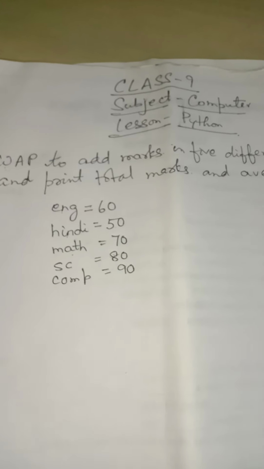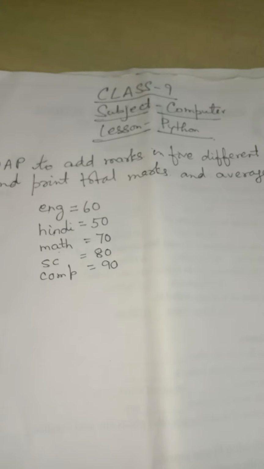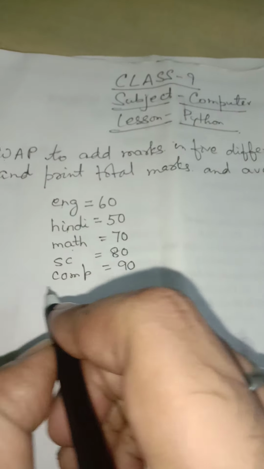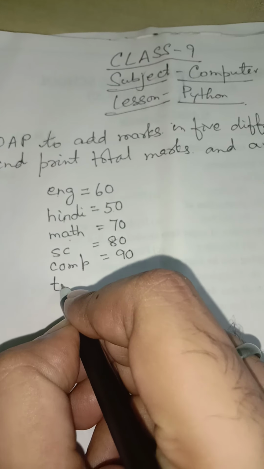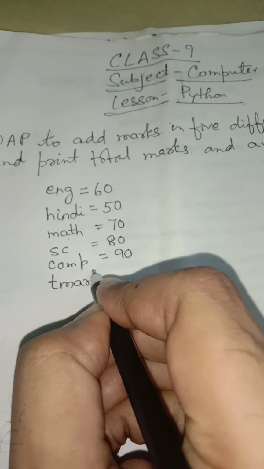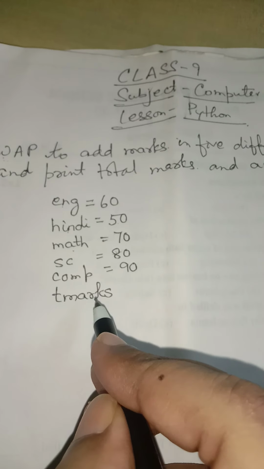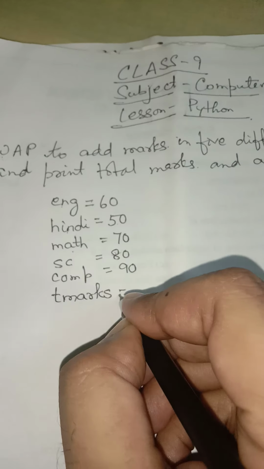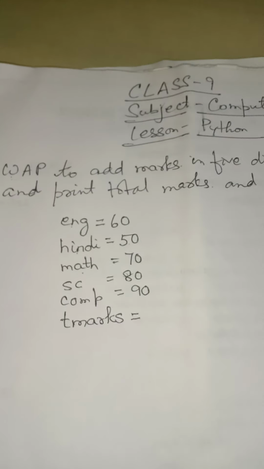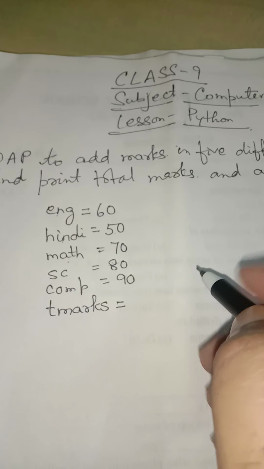Now I have to take another variable to find the sum of all these 5 variables. So suppose I have taken a variable, say total marks. This is the name of a variable that I have taken. And so now what will I be doing over here? I will be finding the sum of all these 5 variables.